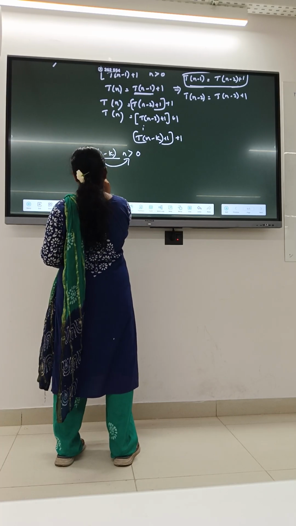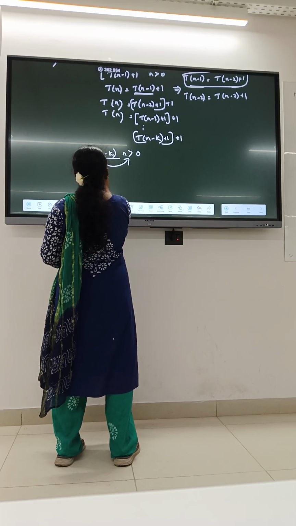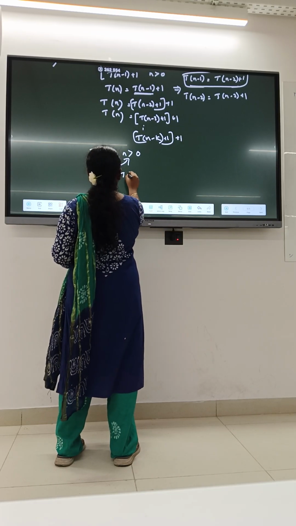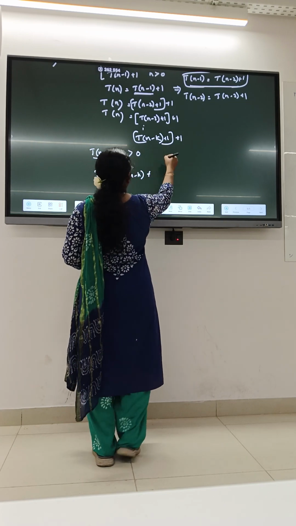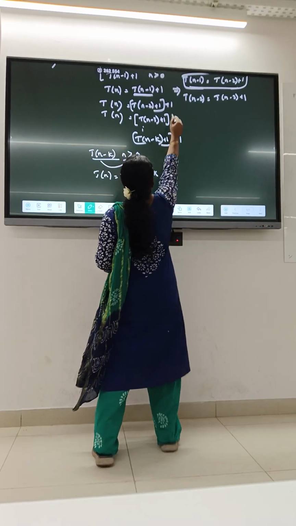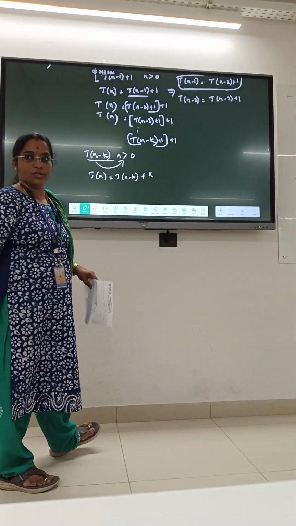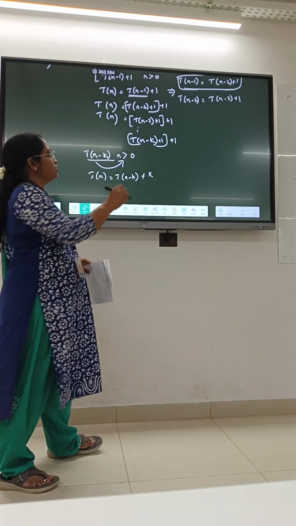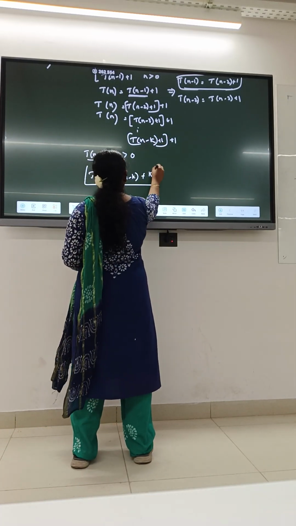Can I write like this? T of n is equal to T of n minus k, plus this is also a constant, right? It keeps on going, this will be 2, this will be 3, this will be 4, the constant is also getting increased. Right? So I have to add plus 1 plus 1. Okay. So when you do this, you will be getting this.